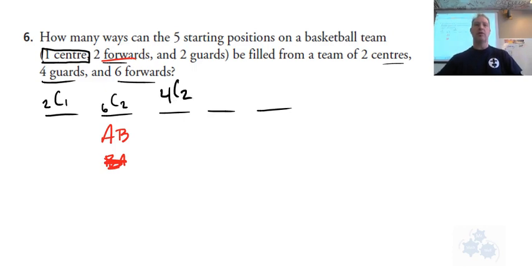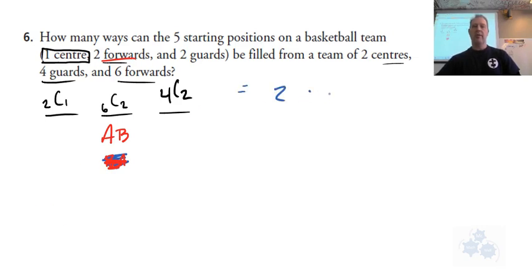So I guess we didn't need to put all 5 spots on there because we're taking care of it with this. We're going to try these formulas. Okay, so let's just see if this makes sense and if this matches up with what we think the right answer would be, because this is what we decided. So what's 2 choose 1? 2.